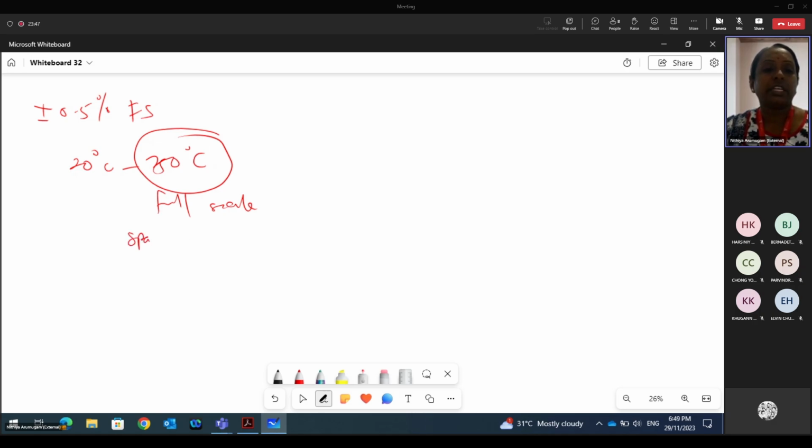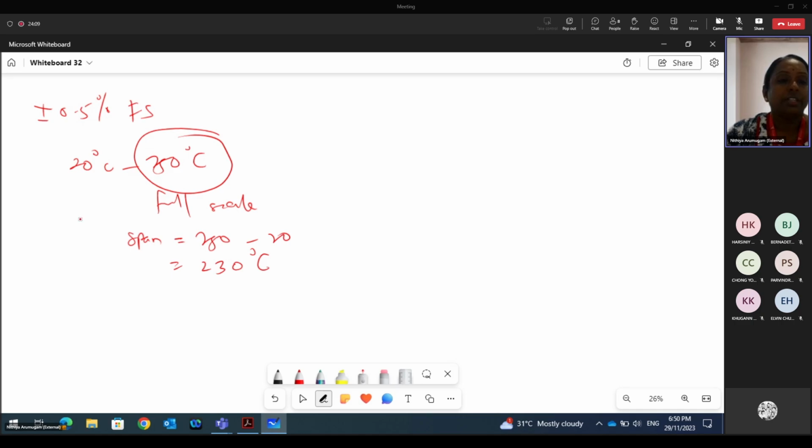From here, we can also know what our span is. The span is the difference between the inputs, so 250 minus 20, which is 230 degrees Celsius.